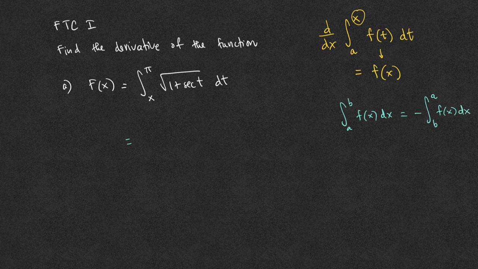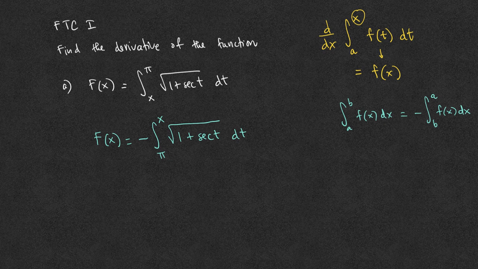Using these properties of the definite integral, we can negate this integral and switch the limits of integration, x to pi becomes pi to x, and everything stays the same. The square root of 1 plus secant of t dt, and this is now F of x.